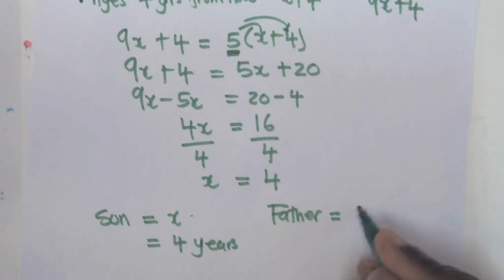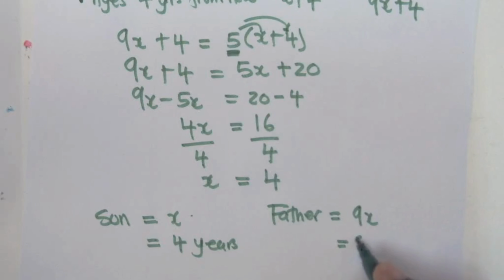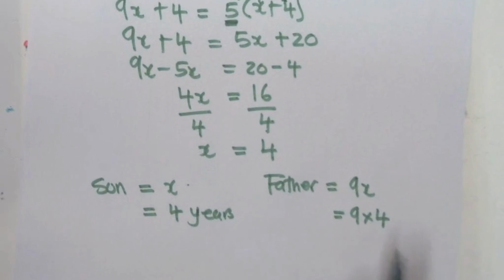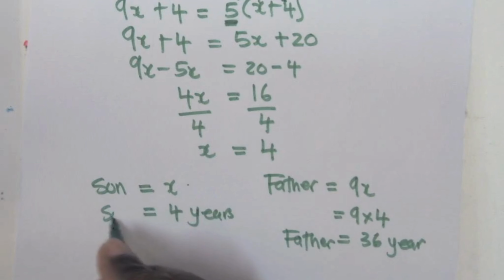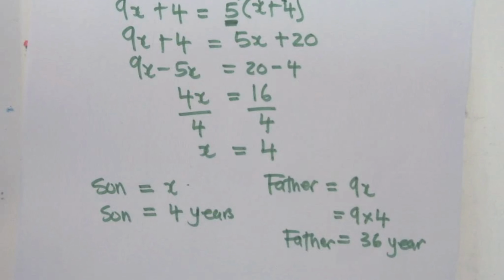The father is 9x. Then I substitute. And when I do that, I'm going to get 36 years. So this will be the age of the father, and then this will be the age of the son.